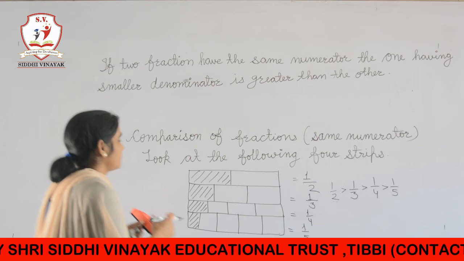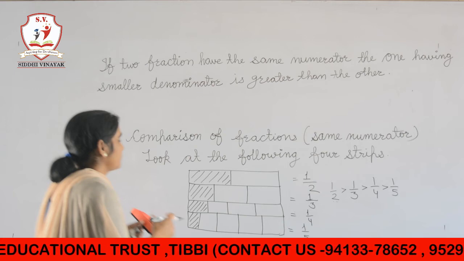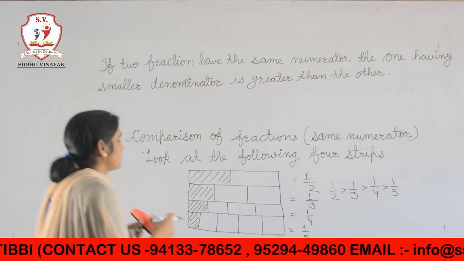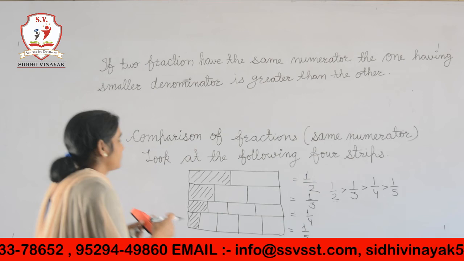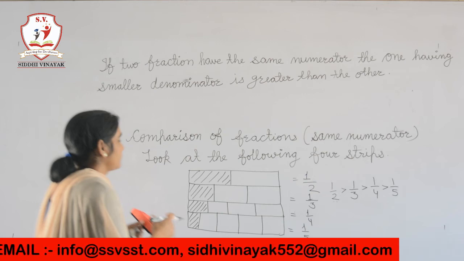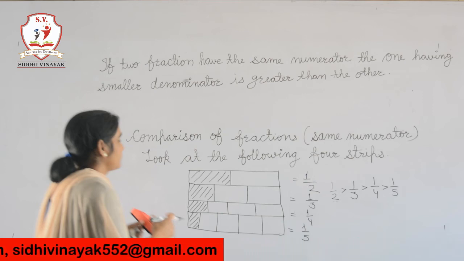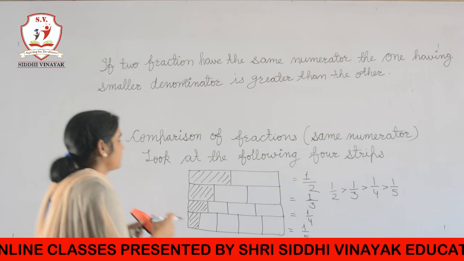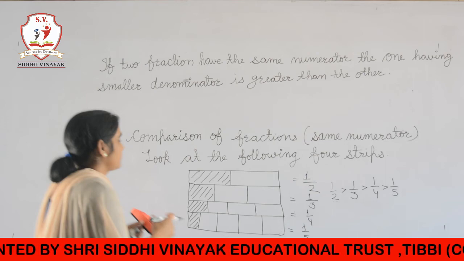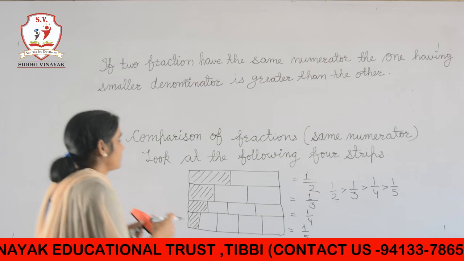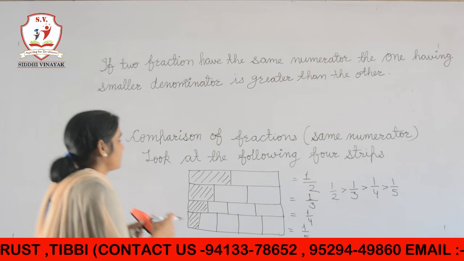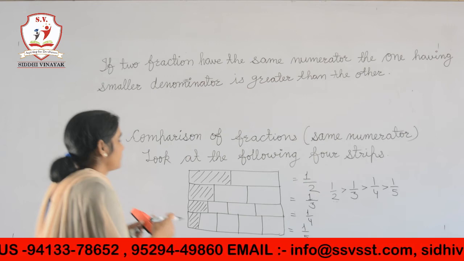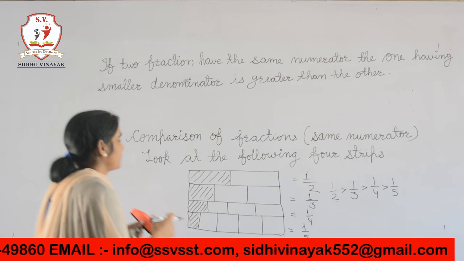The sum of numerators divided by the denominator.